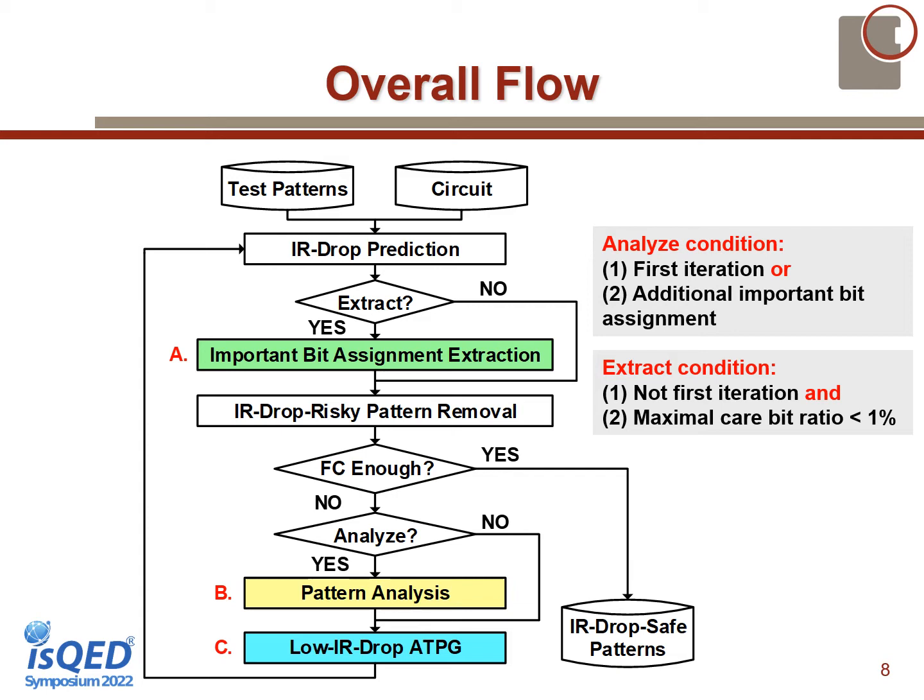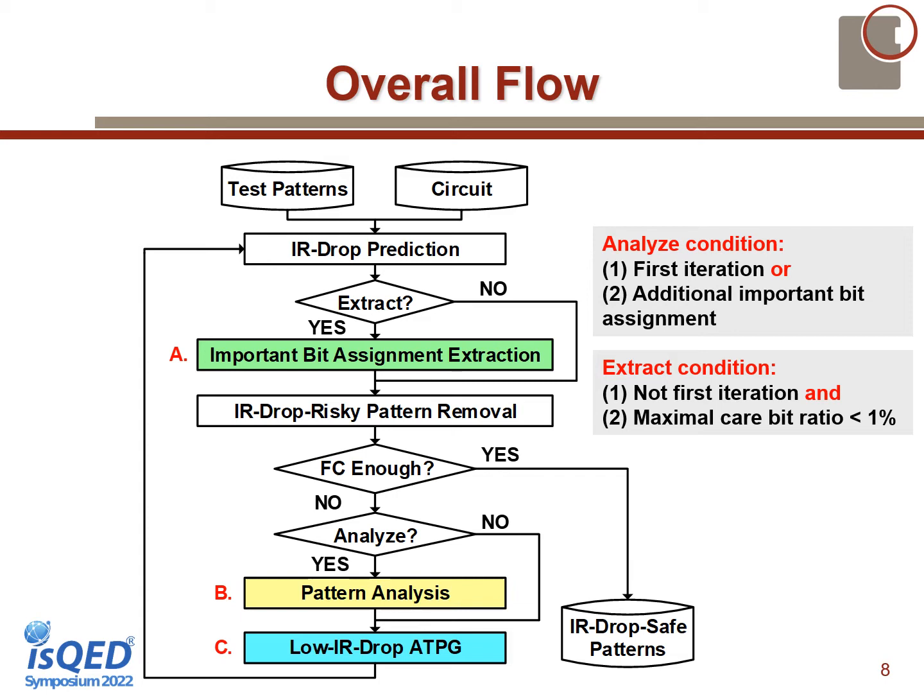We then check whether removing IR drop risky patterns results in the loss of fault coverage. If the answer is no, these patterns are the final output. Otherwise, we continue the regeneration loop. Then, if we're in the first iteration, or there are new important bit assignments, we have to do pattern analysis first and then perform low IR drop ATPG.